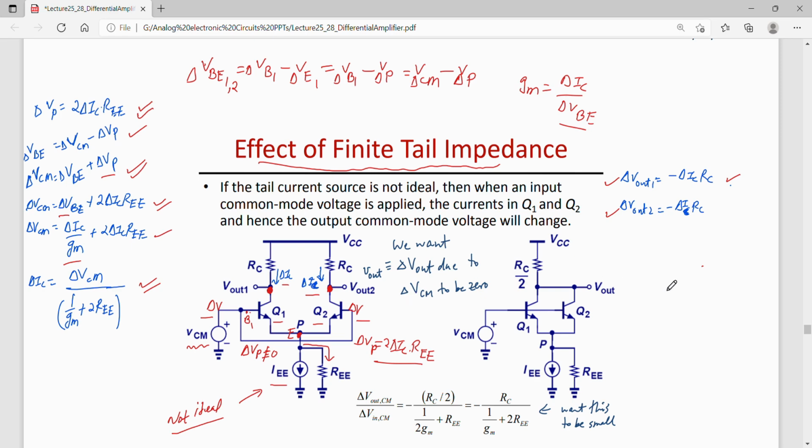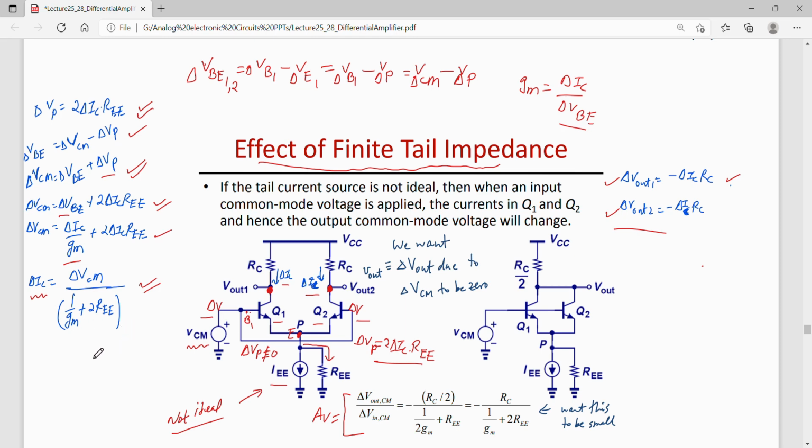And then from this one can find out this ratio, which is also the common mode gain of this circuit, which is delta V out by delta V in, common mode. So this ratio can be found by knowing that delta V out CM is V out 1 minus V out 2, and also knowing delta IC as this much.